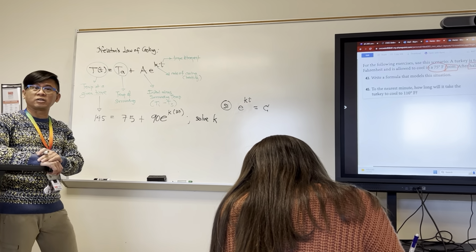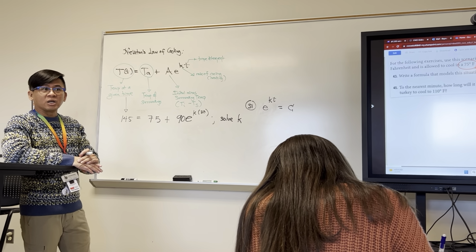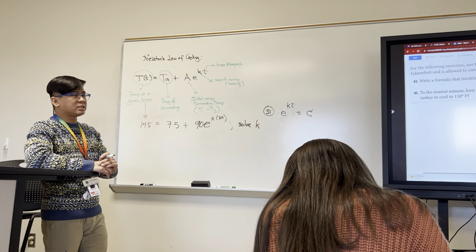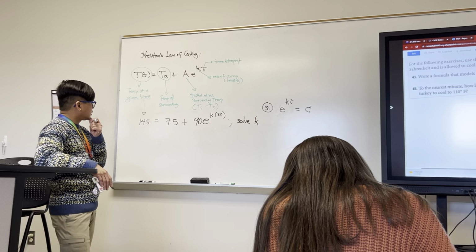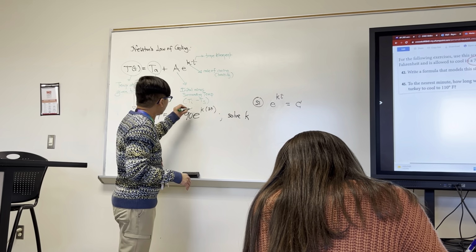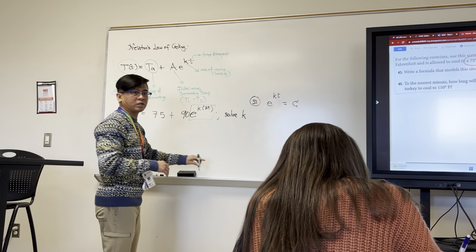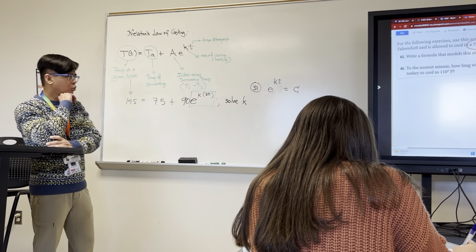Right? So write it in the form first: e to the kt power is equal to C, right? So let's see C in there. In short, we just need to have this one on one side of the equation, right?